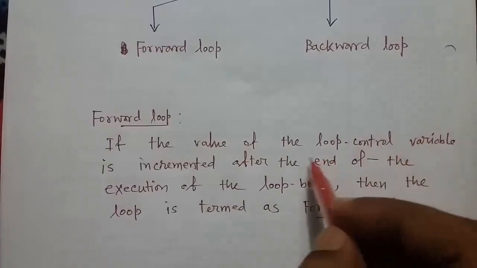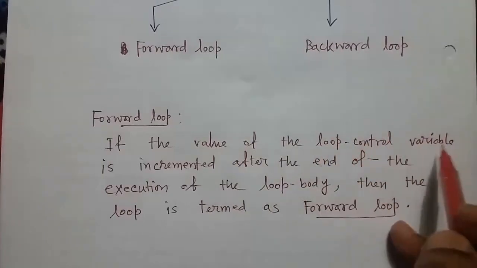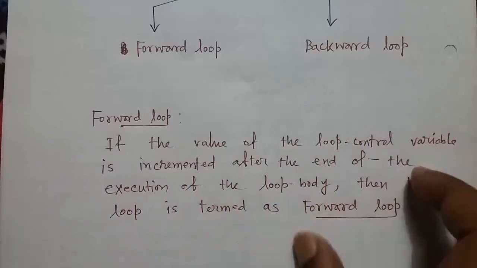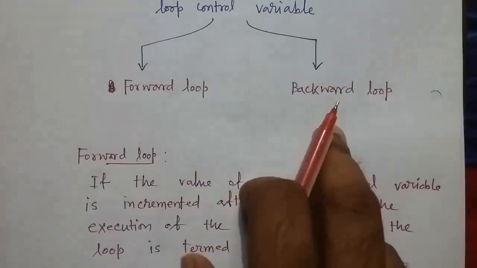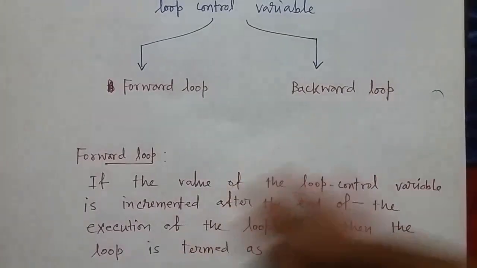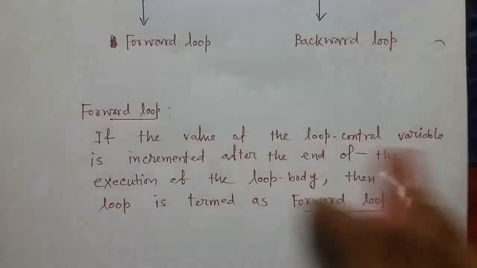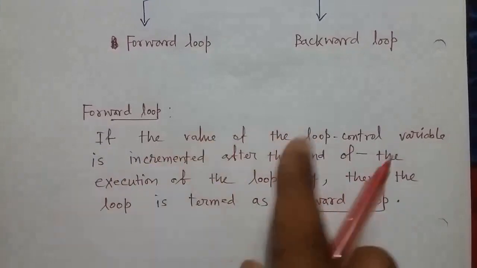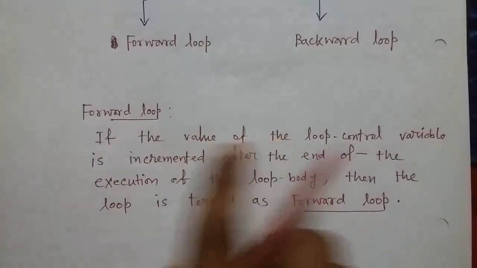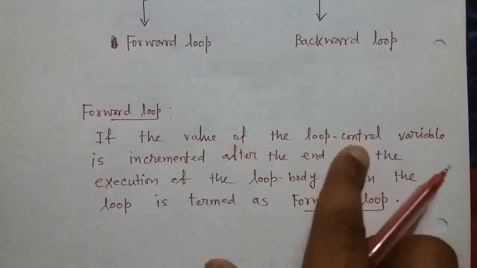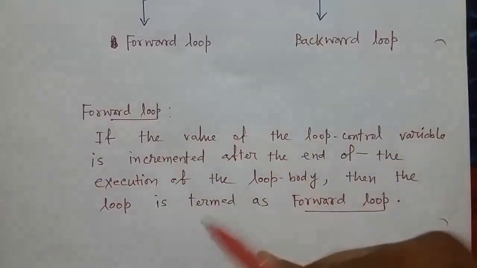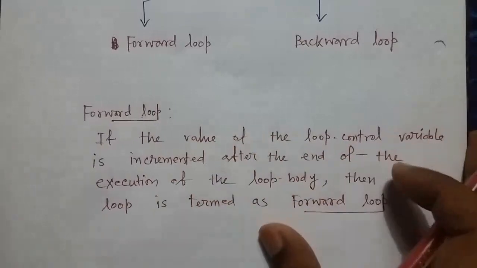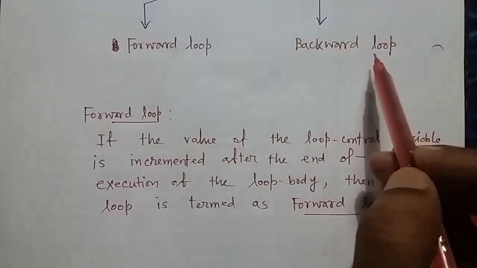Forward loop means the value of the loop control variable will be incremented. And now in case of backward loop, the definition will be simple. Only you need to replace this word incremented by decremented. So if the value of the loop control variable is decremented after the end of the execution of the loop body, then the loop will be termed as backward loop.